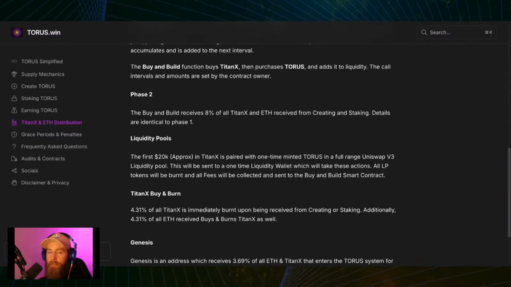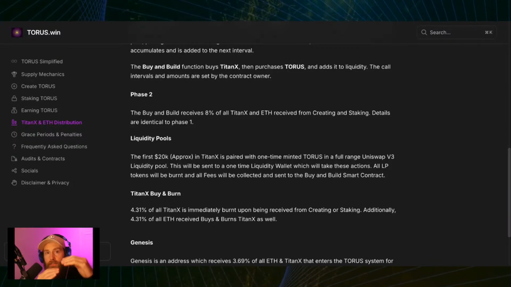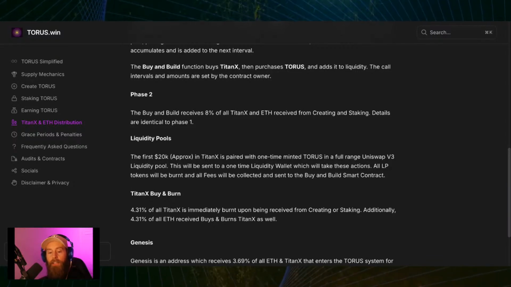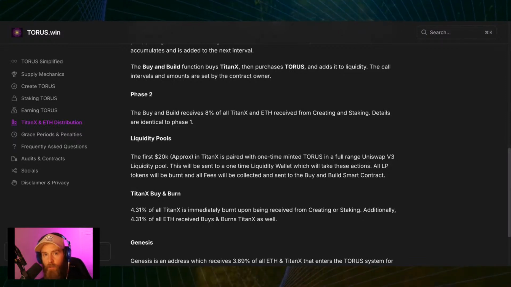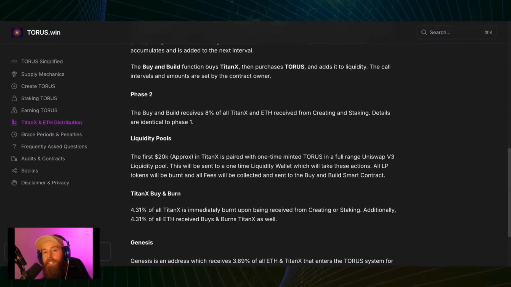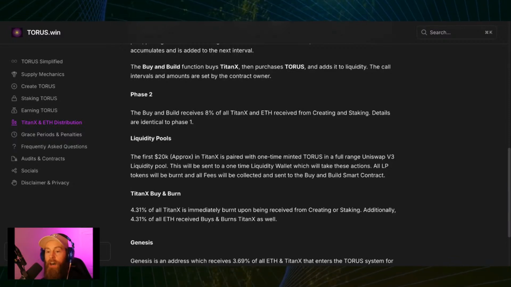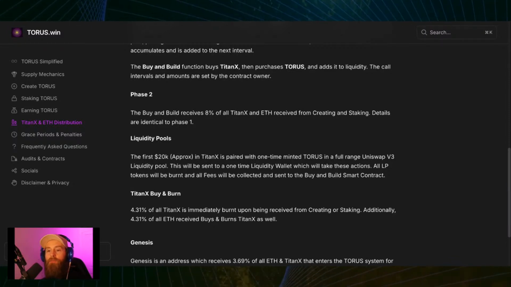And so because of this, TORUS has to be able to free float above and below and operate only based on the market and the buy and burns, and cannot be tied to any other liquidity pools whatsoever. This system is very delicate in that sense. It's robust, but it's delicate in terms of where its liquidity is.